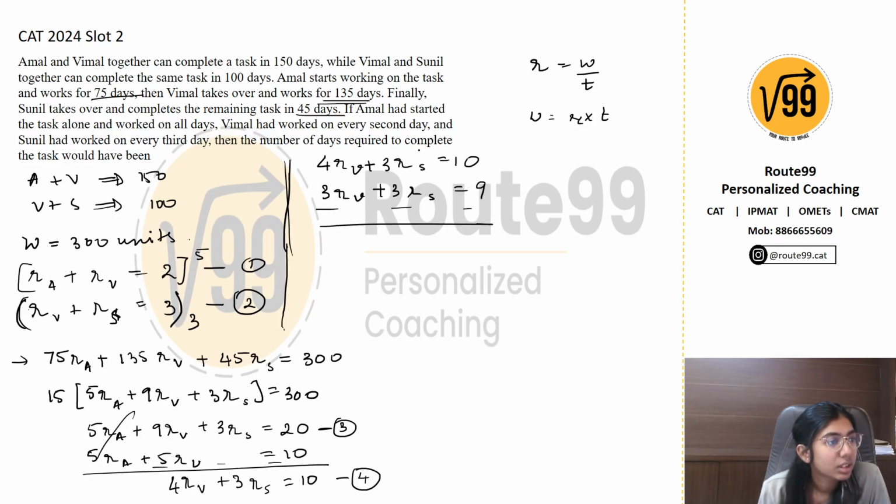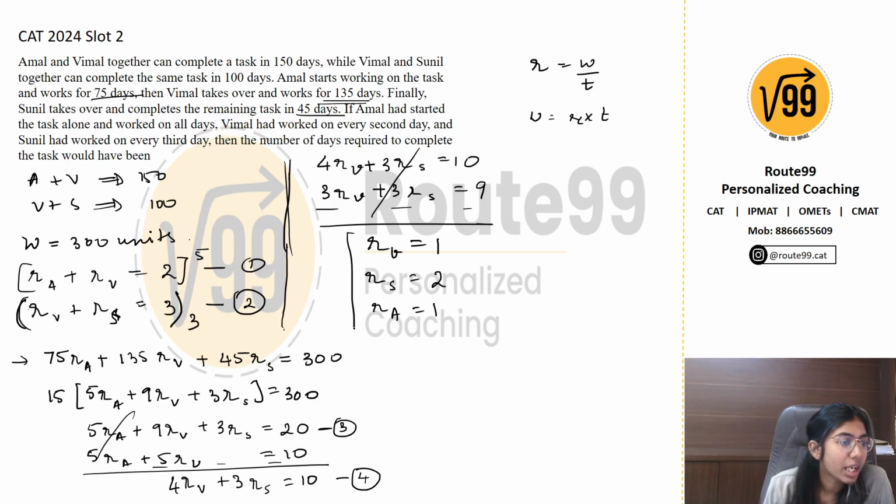Subtract it, this gets cancelled out. So I get the value of RV as 1. If RV is 1, RS will be 2, because RV plus RS is 3, and if RV is 1, RA will also be 1. So now I have the rate of all these three people who are working.